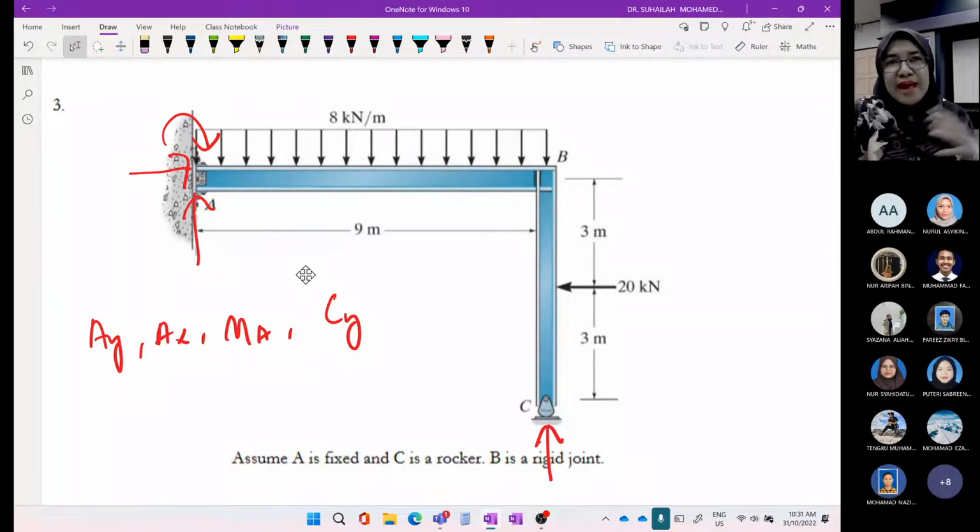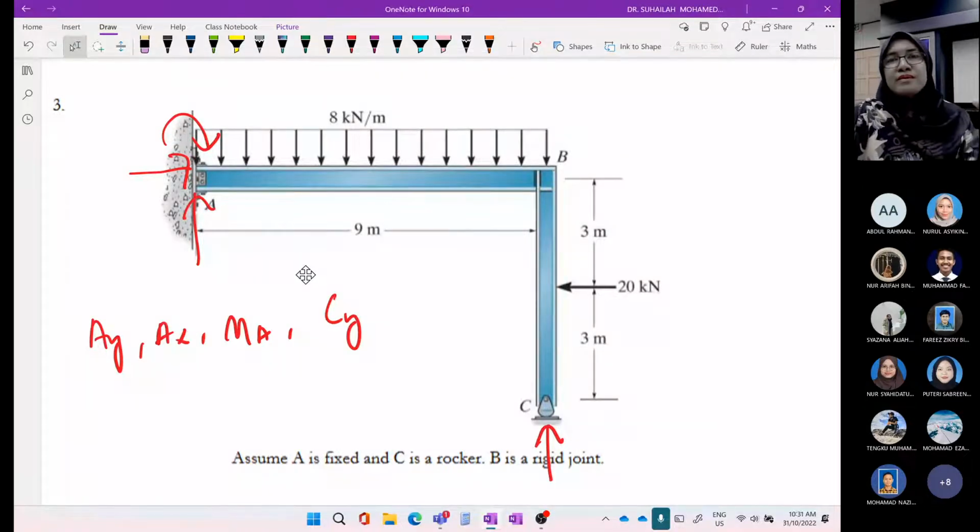Always begin with the end in mind. See what the outcome, the goal, is. The goal is to calculate all the reactions, and in order to do that, we have to calculate the redundant. The redundant we get from the compatibility equation.